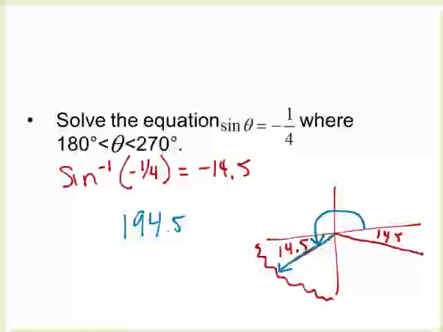So on my calculator, if I do sine of 194.5, you should get something reasonably close to negative 0.25. We did some rounding, so it's not going to be perfect, but it should be very close. I think it's like negative 0.2503 or something, so that's very good. So begin by plugging it into the calculator and graphing. Then reflect it into the appropriate quadrant and measure around from that starting line.